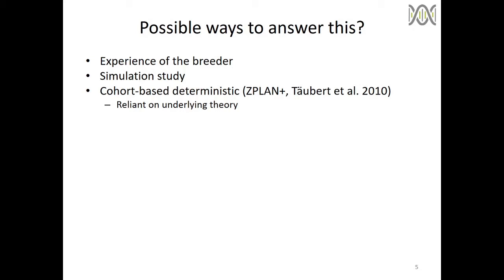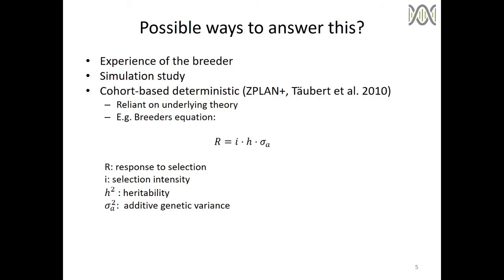One very famous class is cohort-based and deterministic simulation. One example for this is the software zPlan Plus that was also developed in our working group, that is mostly reliant on underlying quantitative genetic theory. So for example, you could think of the breeder's equation. The response to selection is just dependent on your selection intensity, the heritability, so the share of variance that is due to genetic components, and the additive genetic variance.